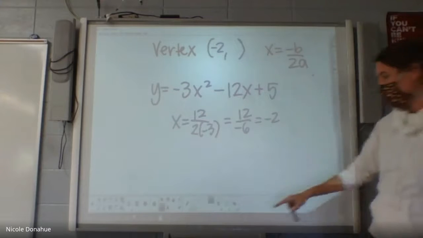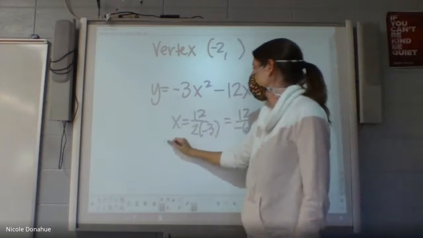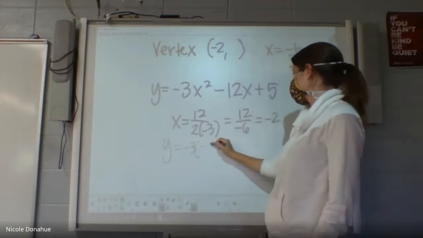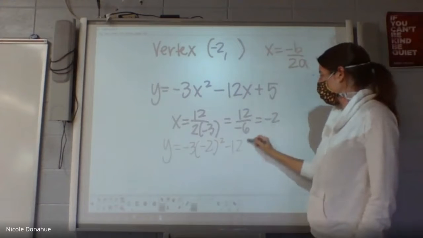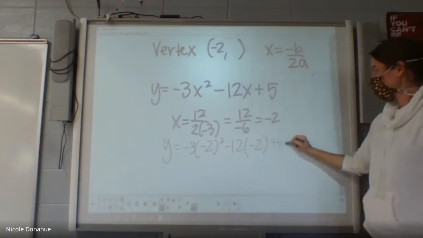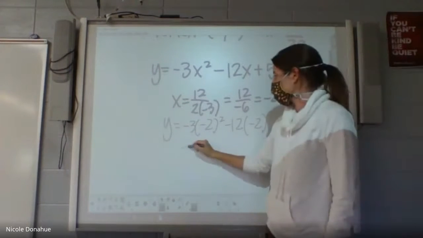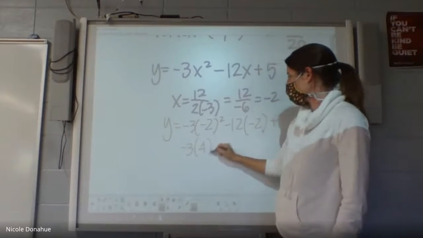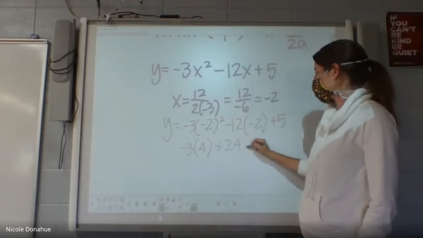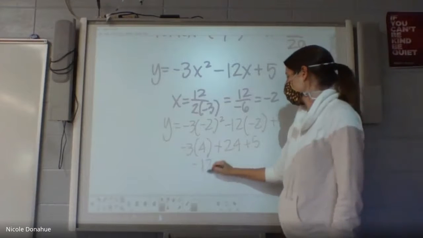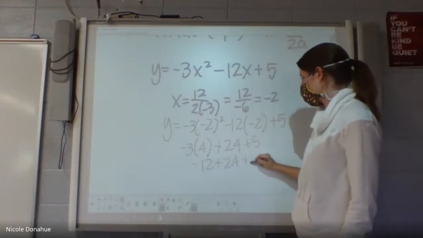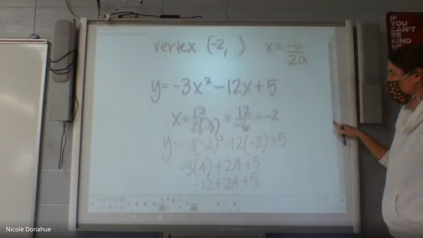Once I have that, I can substitute that back in to find my y. So this would be -3 times 4 plus 24 plus 5. So we end up with 17.